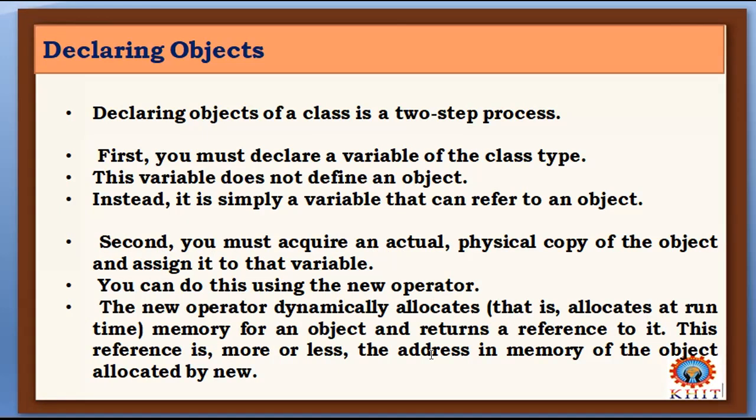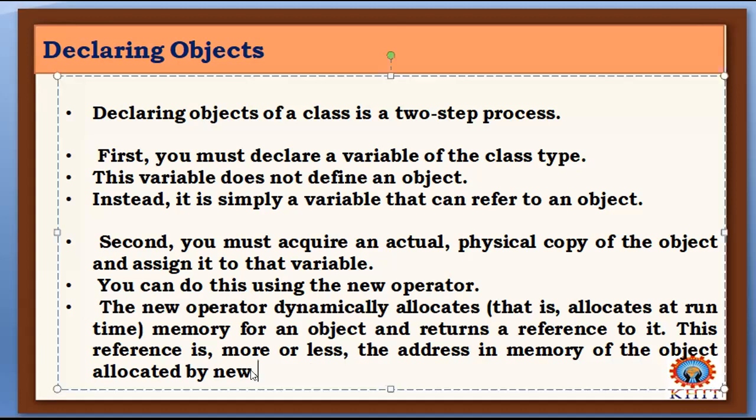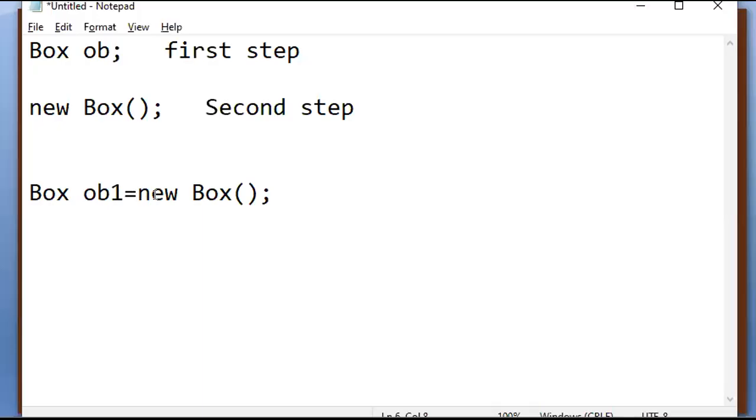This reference is more or less the address in memory of the object allocated by new. So by using the new operator, it will allocate new memory in the name of OB1, which contains the properties and methods of a box.